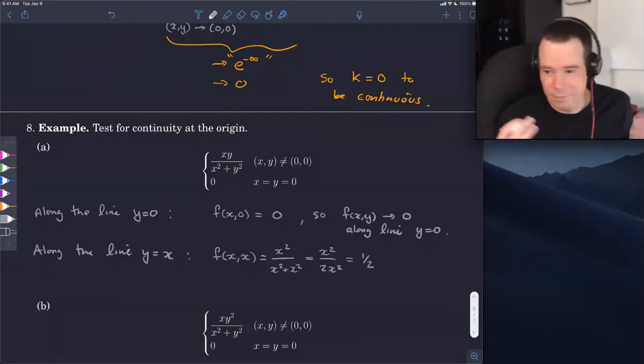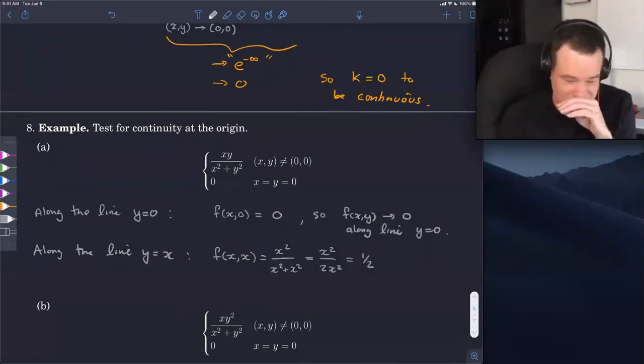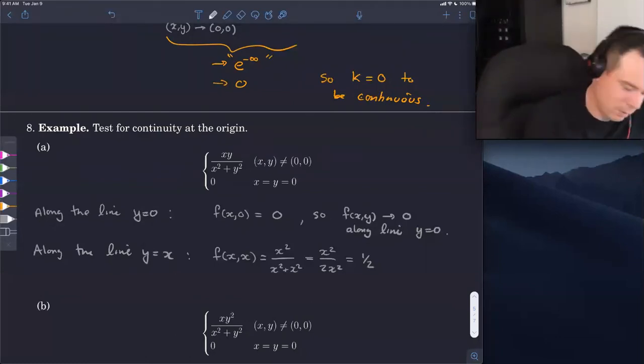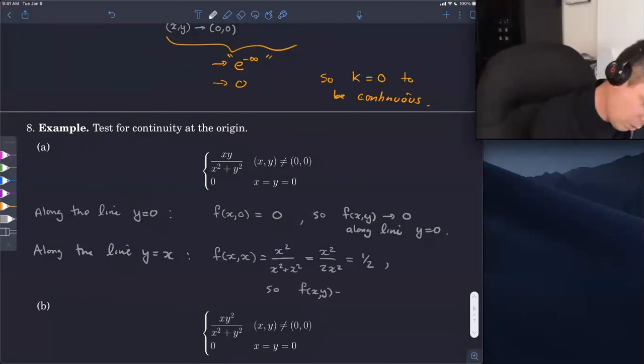And we still haven't even let our x values go to 0. So this f of x, x is just constant. It's always a half when you're on the line y equals x. So this says that f of x, y goes to a half along the line y equals x.